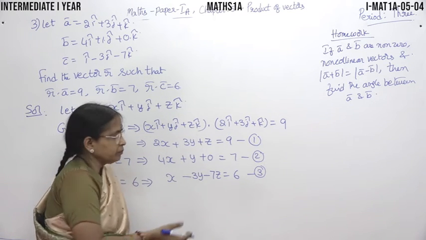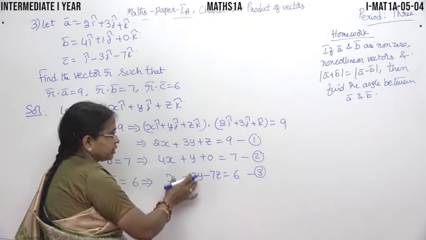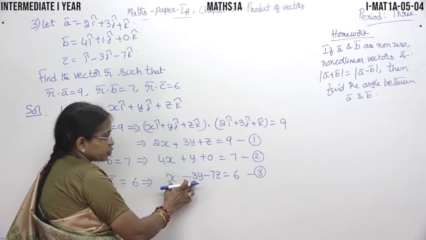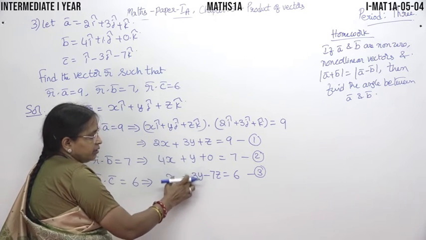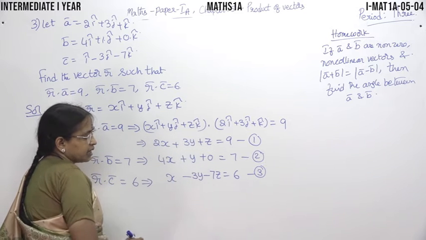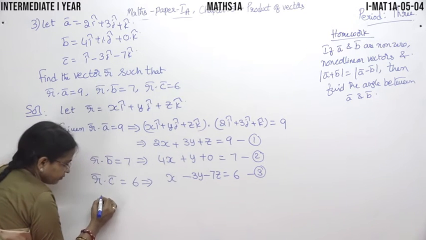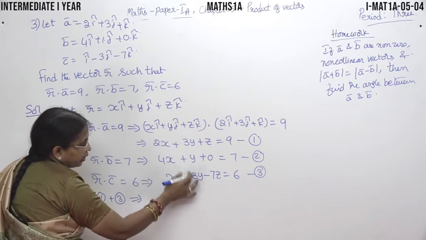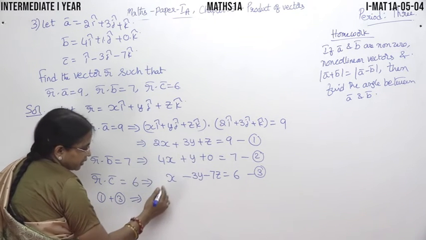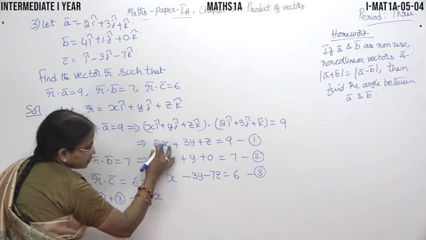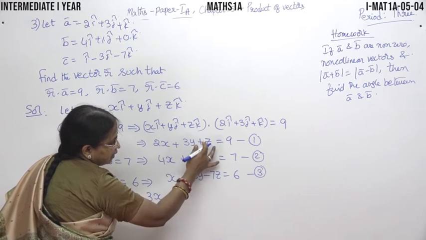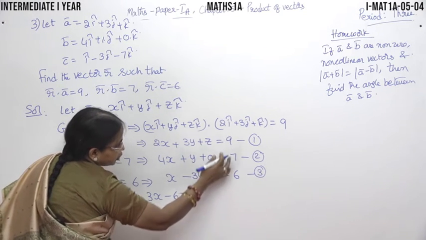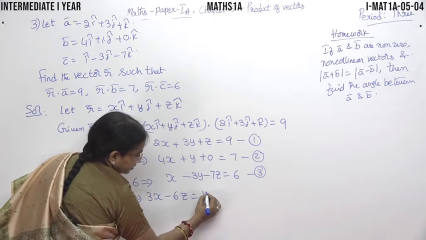So how to solve them? There is no particular method. You can just observe the equations and see how you can simplify. Now if you see these two equations 1 and 3, by just adding, 3y gets cancelled. Equation 1 plus equation 3: when you add, 3y gets cancelled, 2x plus x is 3x, and then minus 6z is equal to 9 plus 6, that is 15.